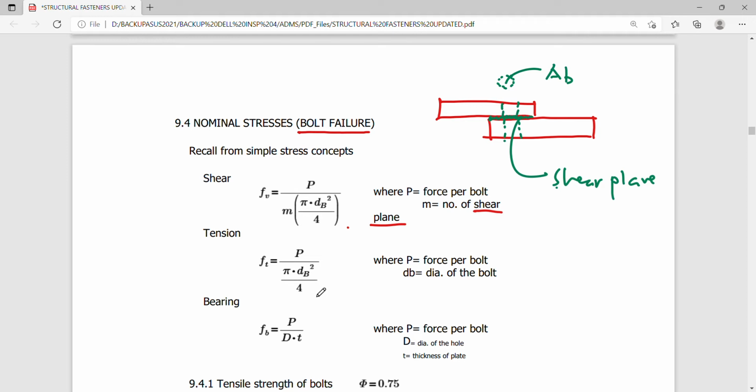So for tension, it's different. So we have, say, a T-section connection, okay, wherein a plate is holding.